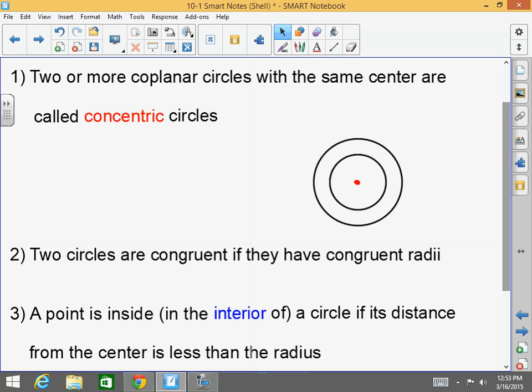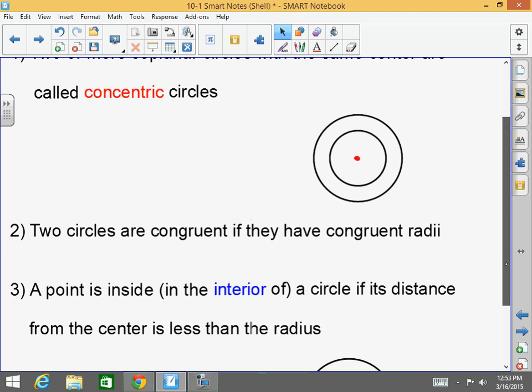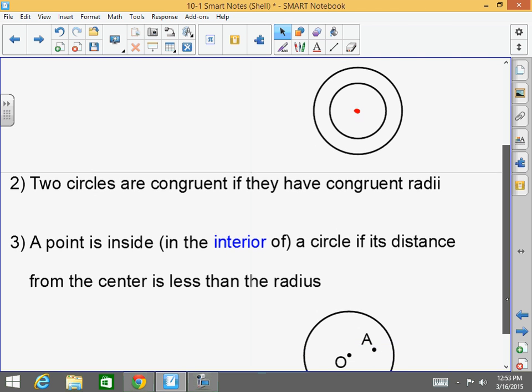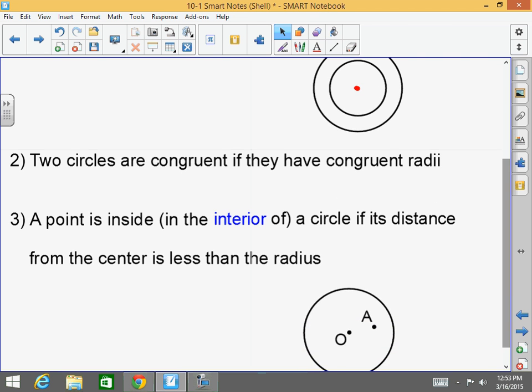Number three, a point inside, that means in the interior of a circle, if its distance from the center is less than the radius, is called an interior point. So an interior point is a point that is inside the interior of a circle, and its distance from the center is less than the radius.